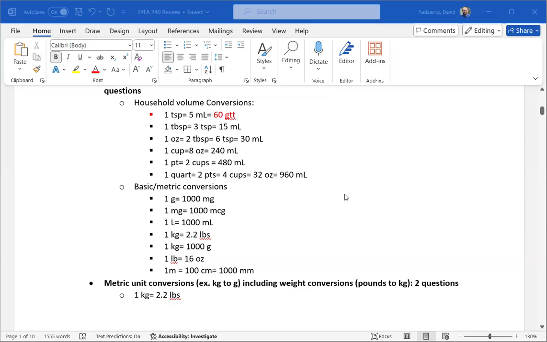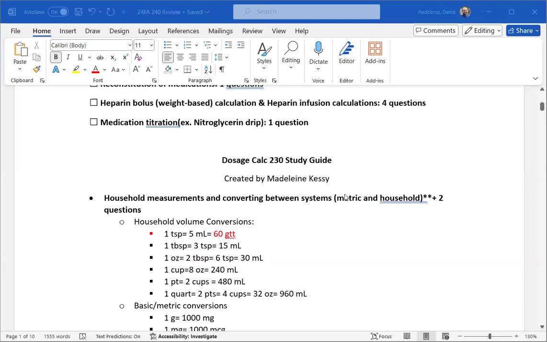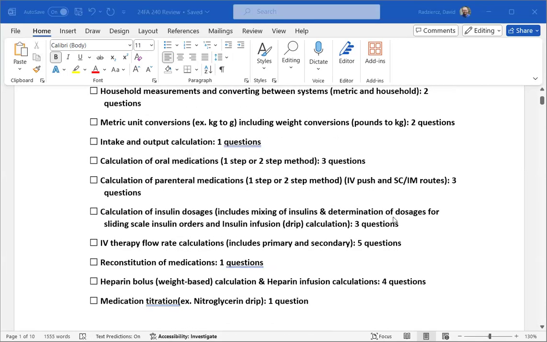So if you've already done the nitroglycerin question, there's really not much difference between what you saw last semester and what you're seeing this semester, other than you might have a few more heparin bolus and infusion questions. Maybe last semester it was 2, now it's 4. You might have a few more flow rate questions where they ask you to calculate milliliters per hour or drops per minute.